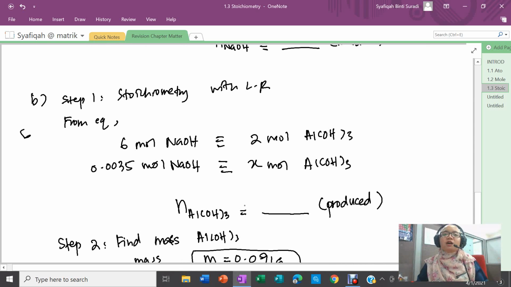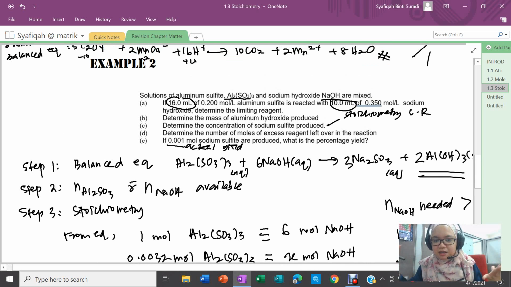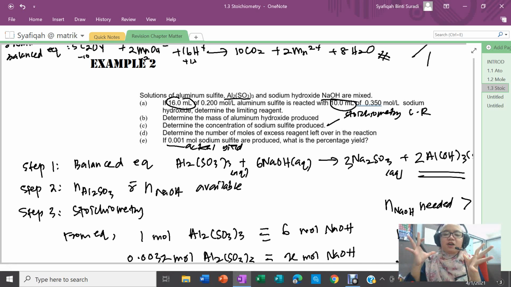Kalau soalan kata mole of product, sampai mole je lah. Kalau soalan kata mass, carilah mass dia. Sama juga dengan concentration. Okay? Alright. So, yeah. Apa-apa soalan dia ada kena mengenai dengan limiting reactant. Okay? So, kalau awak betul-betul yang penting awak kena faham konsep stoichiometry ni.